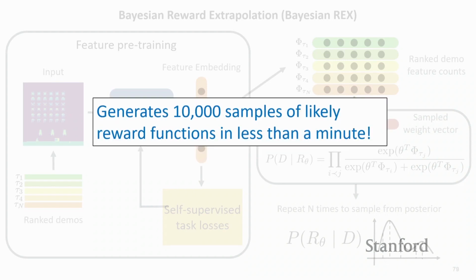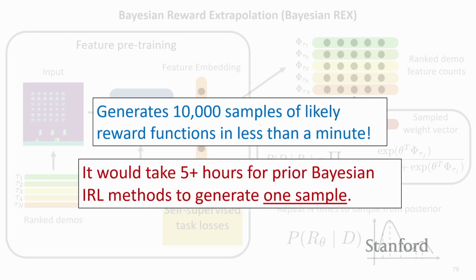To give you an idea of the efficiency, we're able to generate about 10,000 samples of likely reward functions in less than a minute, just running on my laptop, no GPUs or anything fancy. Whereas with a standard classical Bayesian IRL approach that would sample a reward function, run a reinforcement learning algorithm, and evaluate a likelihood, we're talking maybe 5 or more hours for a single sample. So this allows us to do efficient Bayesian inference on high-dimensional control tasks for the first time.